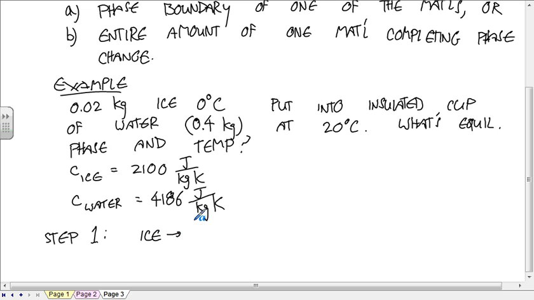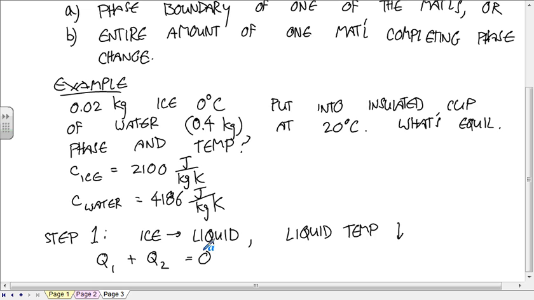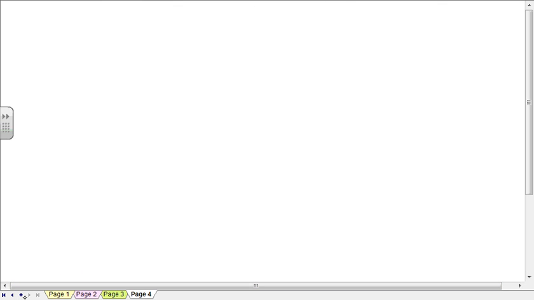The ice is going to liquid and the liquid's temperature is going down. We're still going to think of this as Q1 plus Q2 is equal to 0. But the form that that's going to take is the mass of the ice times the latent heat of fusion for water.